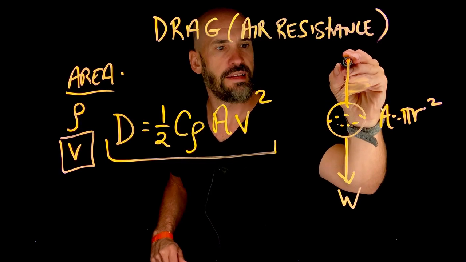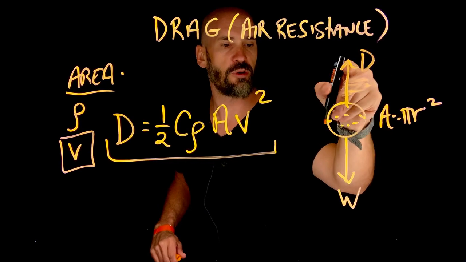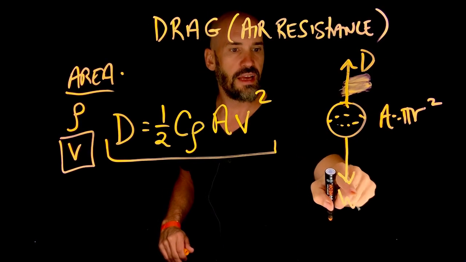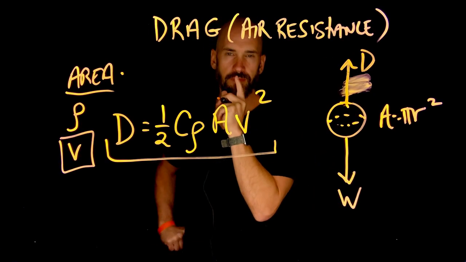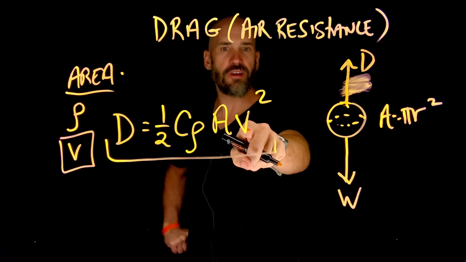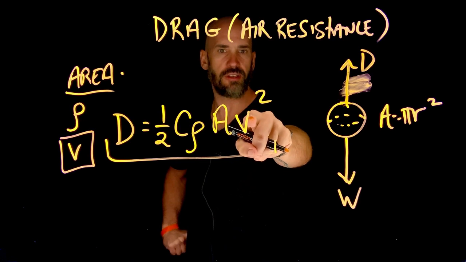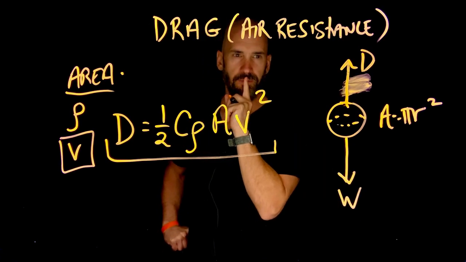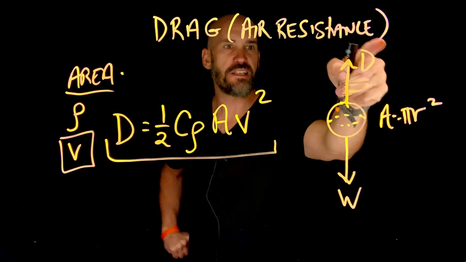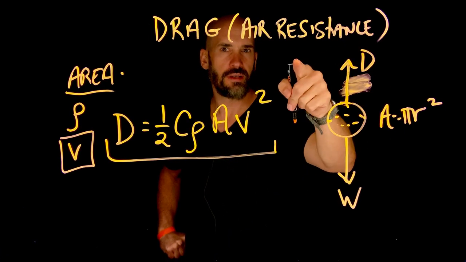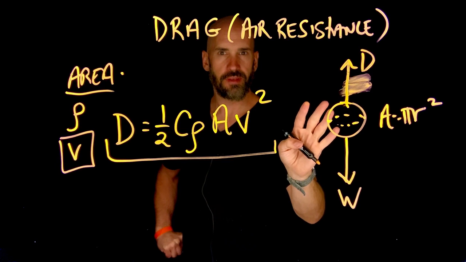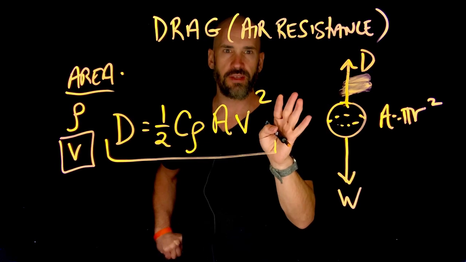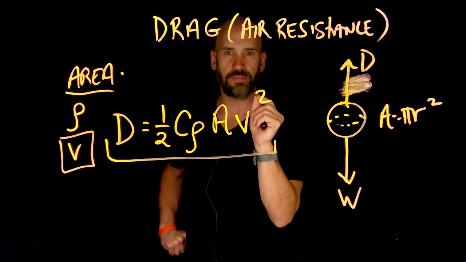At some point, that drag force is going to get so big that it equals the weight. You see that? There's some key velocity where the drag force is equal to the weight on the object, and when that happens, these forces are balanced, so there's no more net force, meaning there's no more acceleration, and you can't get any faster.